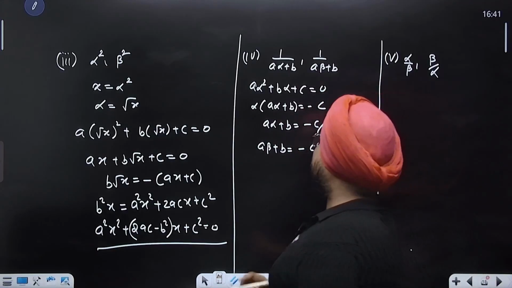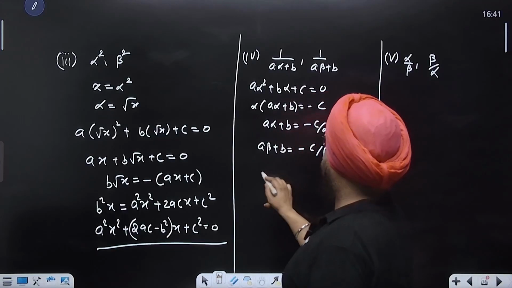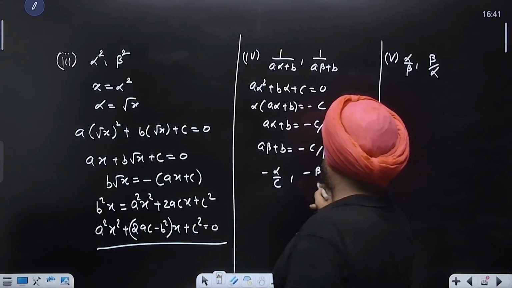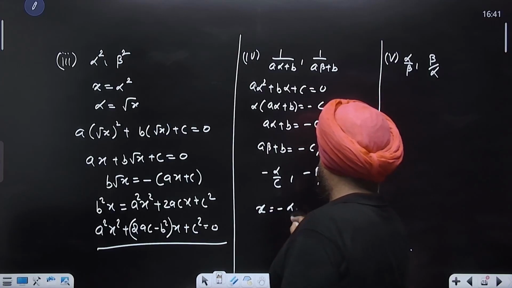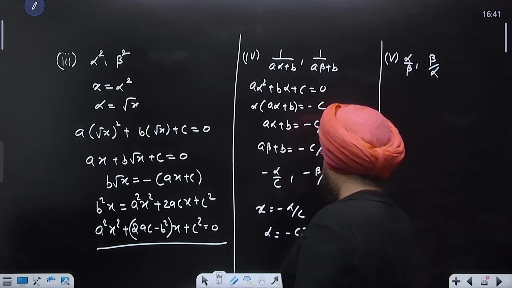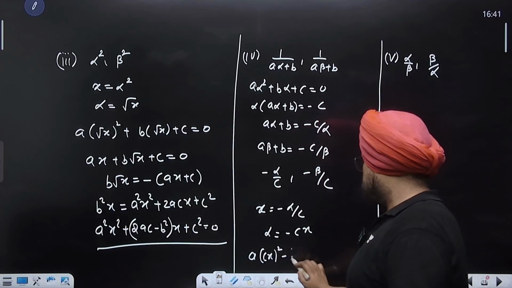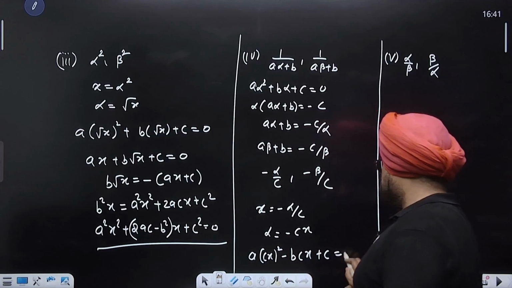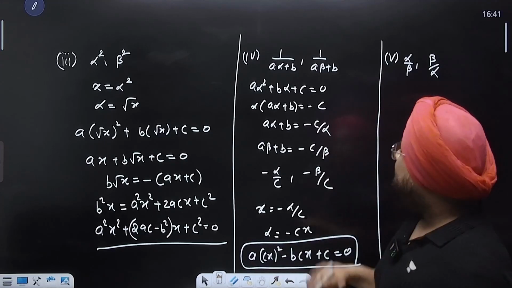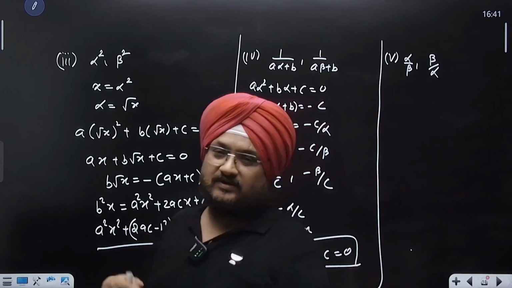So you have to find the equation whose roots are minus alpha by c and minus beta by c. So I will substitute alpha as minus cx. So this is the equation whose roots are 1 upon a alpha plus b and 1 upon a beta plus b.